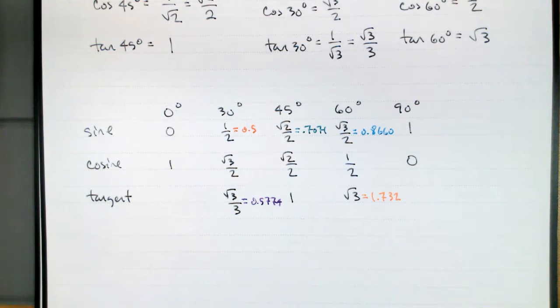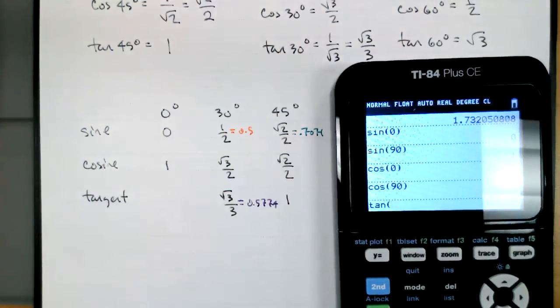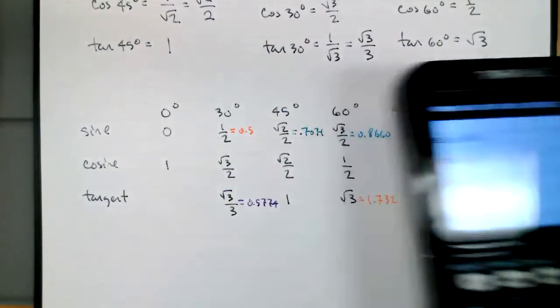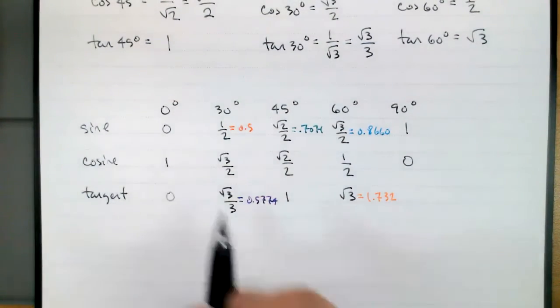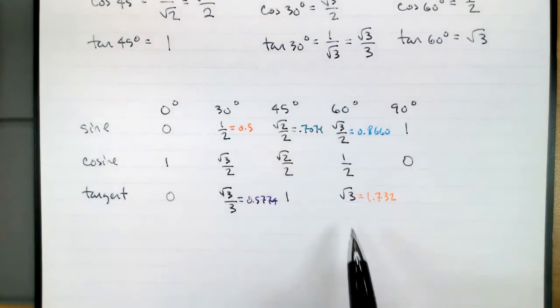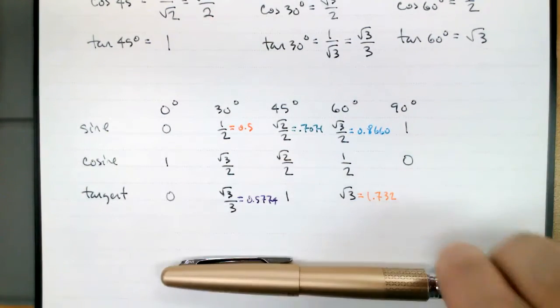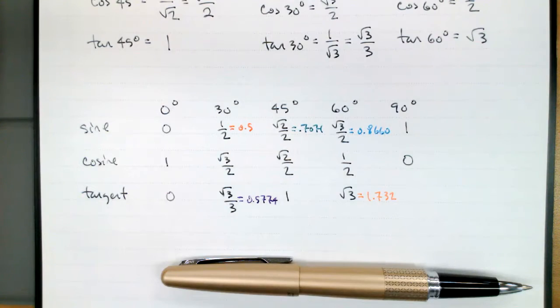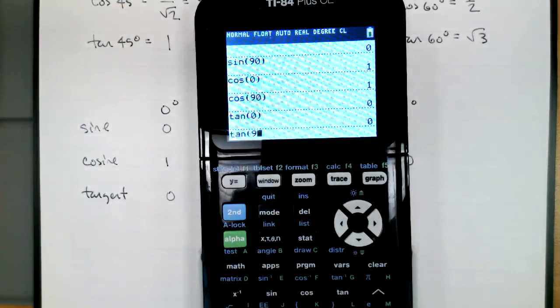When we get to tangents, tangent of 0 is no problem. All is fine there. Tangent of 0 is 0. Tangent of 30 is 0.577. Tangent of 45 is 1. Tangent of 60 is 1.732. So we can see that tangent is increasing in this first quadrant. Weird things happen though when we get to tangent of 90. So when we ask the calculator, what's the tangent of 90?